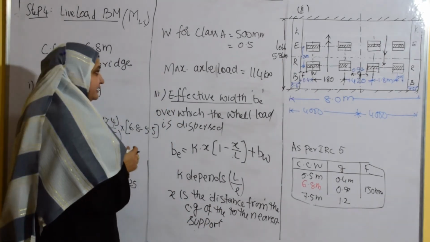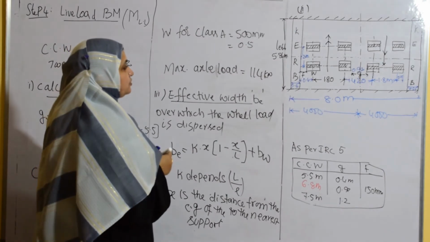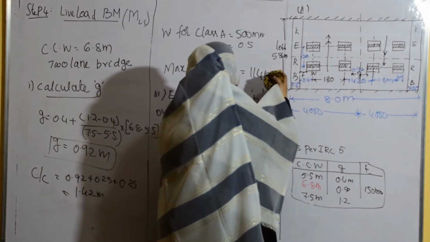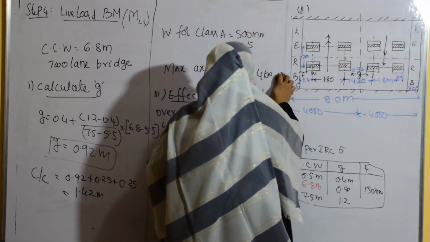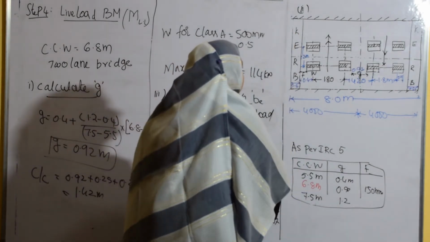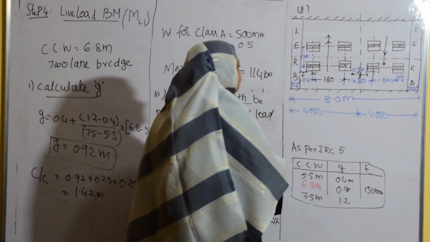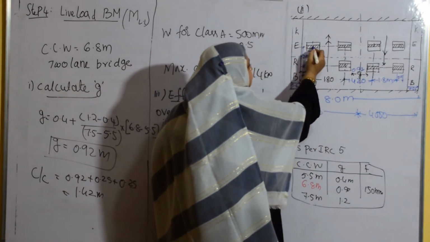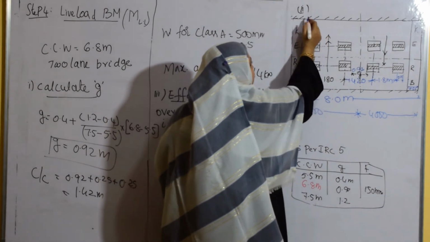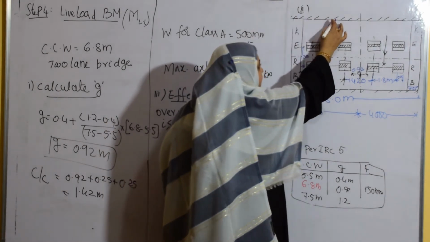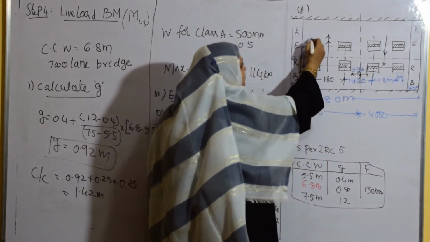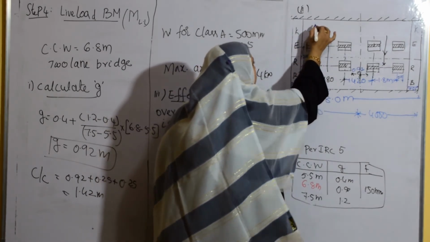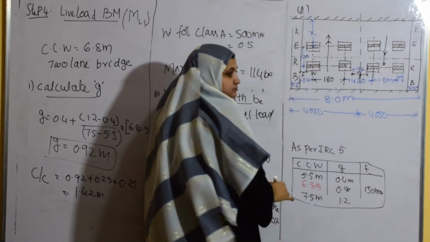On the diagram, I am going to show you what this X value is. Now, where is the CG of the load? If I take this first axle, its CG is here. This to the nearest support. This is a support, this is a column and this is a column. So the center of the load to the nearest support is the X value.